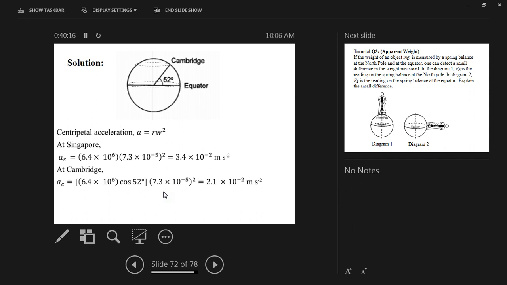Okay, with that I'm done with Question 2. Question 3 is very similar to 2. Similar idea, but instead of the equator and Cambridge, Question 3 is looking at the equator and the North Pole. What can you say about a man standing at the North Pole? What is the radius of the circle?